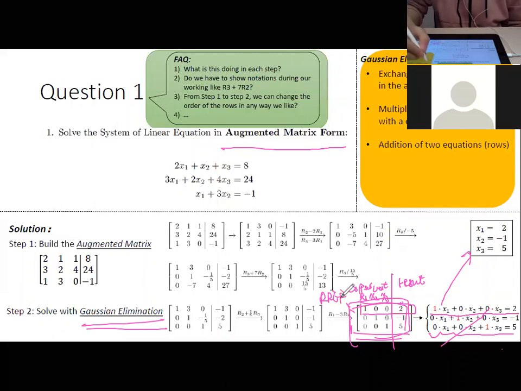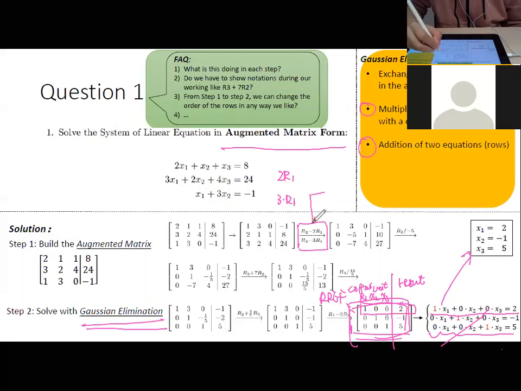And now we are going to illustrate the other two operations mentioned in the Gaussian elimination. We take these two as example. So you can see in this notation, we see 2 times R1 and 3 times R1. This is the operation mentioned in the second point. It says multiplication of an equation. In other words, we do the multiplication of the row.